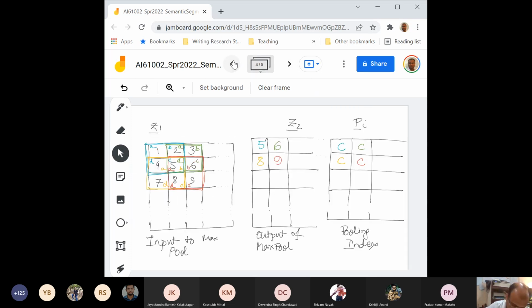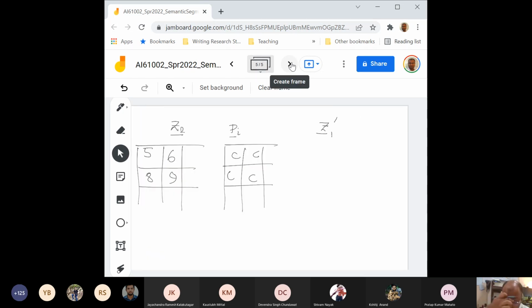These were 5, 6, 8, 9, and my pooling indices were C, C, C, C. Then my unpooled output over here is going to start looking like this.